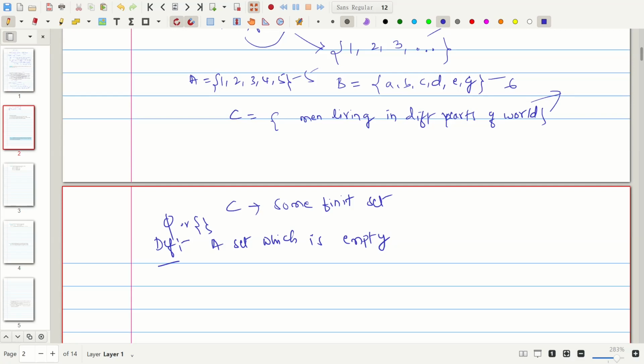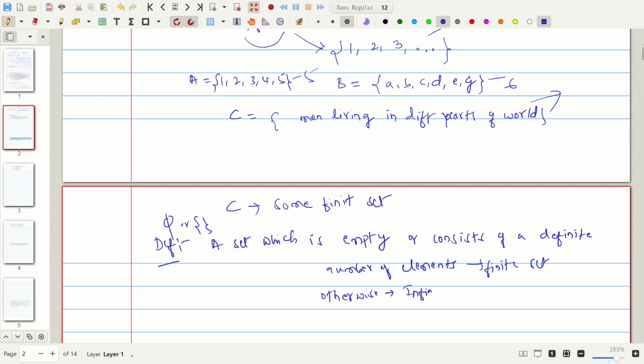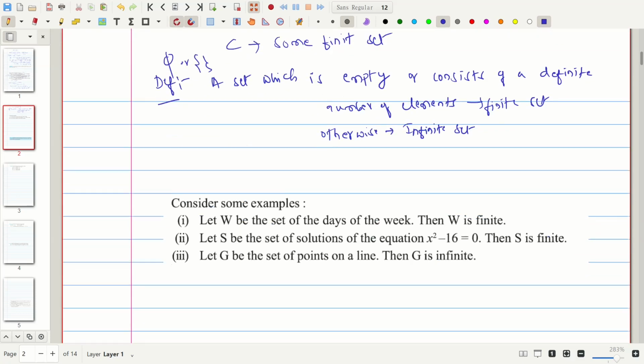The empty set is written as phi or as empty curly braces. A set which is empty or consists of a definite number of elements is called a finite set. Otherwise, it will be called an infinite set. This is the definition of finite and infinite sets.